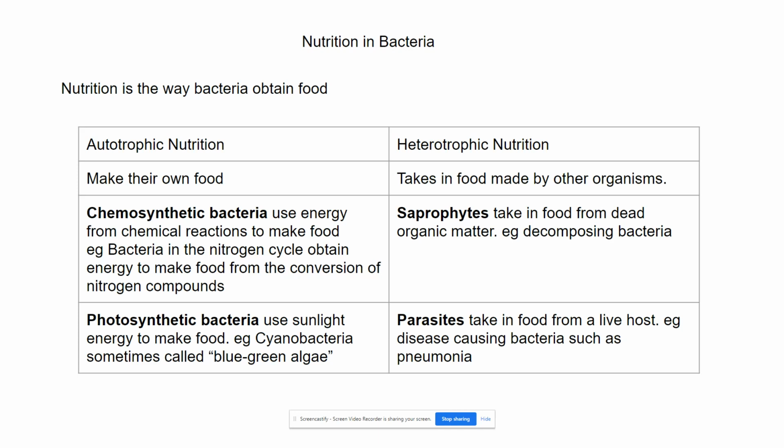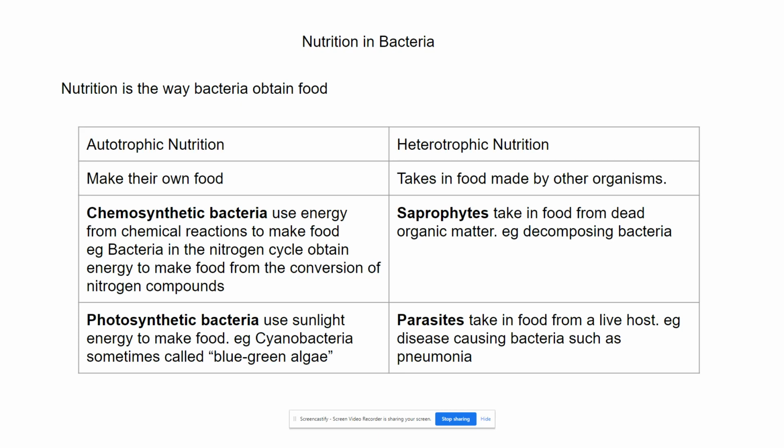So we do the nitrogen cycle when we do the section on ecology. With bacteria in the nitrogen cycle, they can make their own food, but they use energy that they obtain from chemical reactions. And at the bottom left, photosynthetic bacteria.